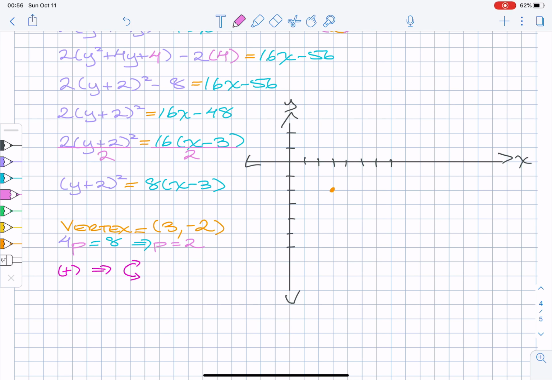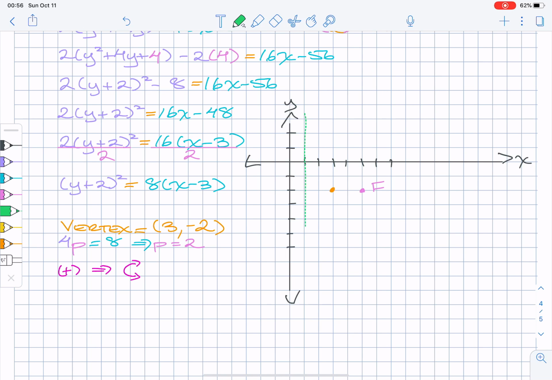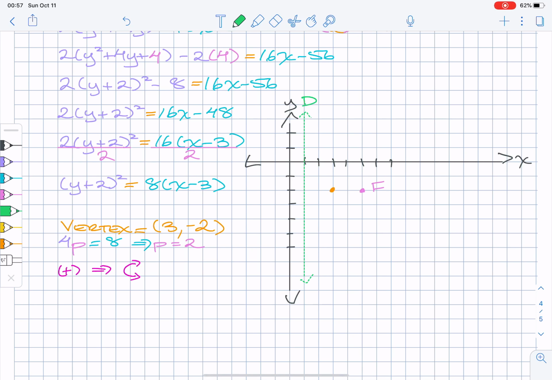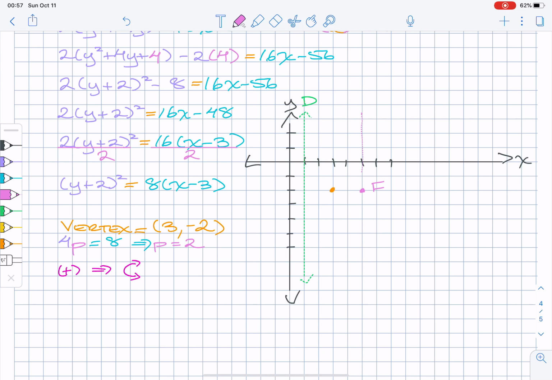I know my focus is 2 away to the right, and my directrix will be 2 away to the left. I know that the line parallel to the directrix through the focus, the latus rectum, is like so. Nope, no, it's not. It's straight, not like that. Okay. It's like so.